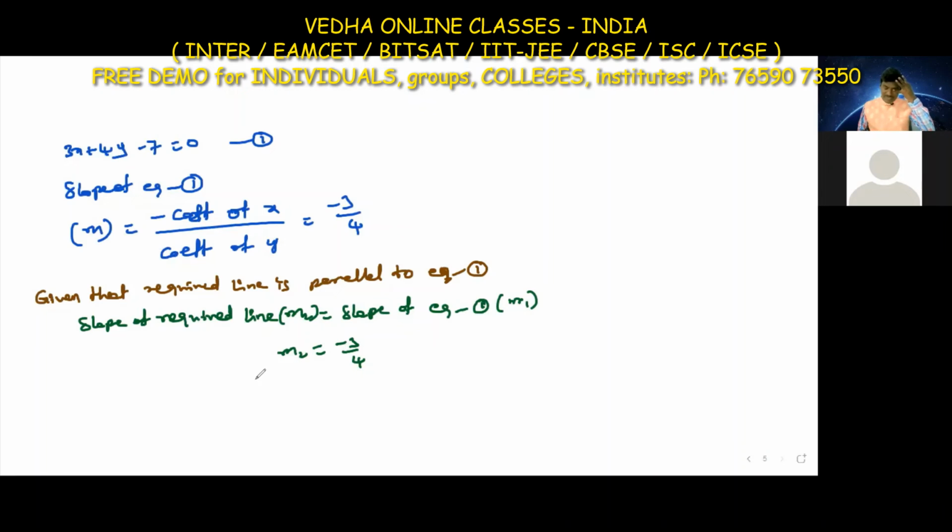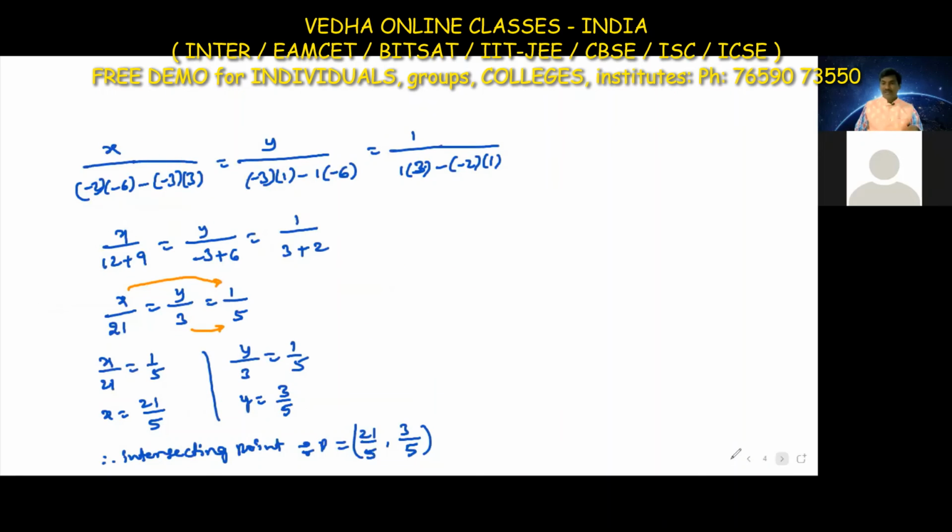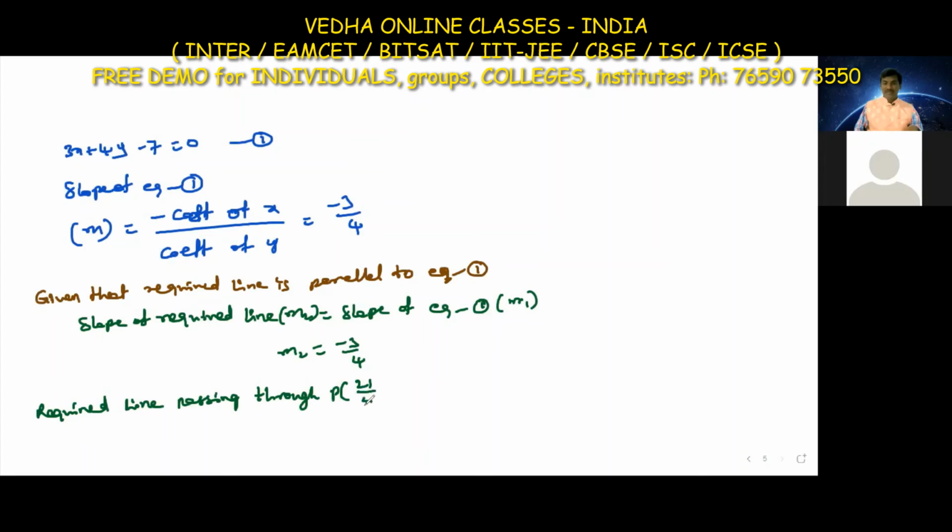Now the required line passes through the intersecting point P (21/5, 3/5) with slope m equal to minus 3 by 4.